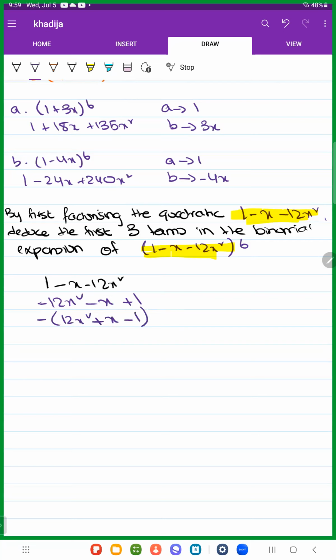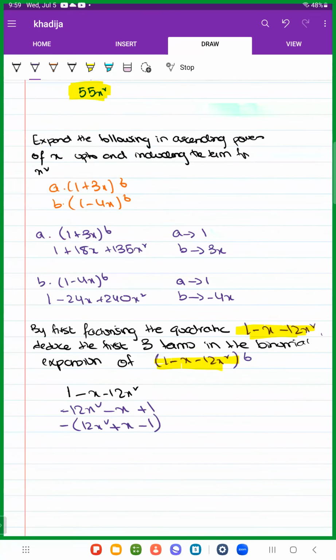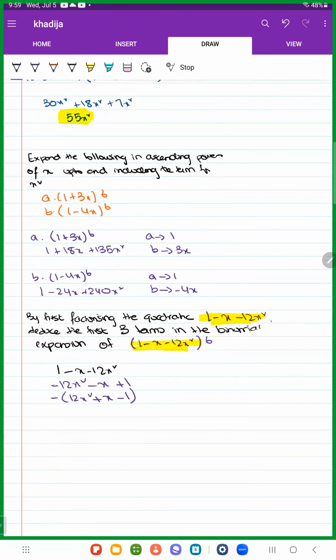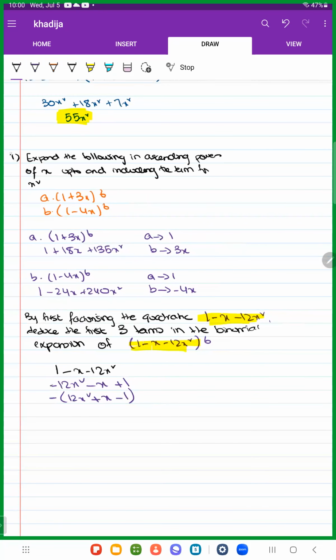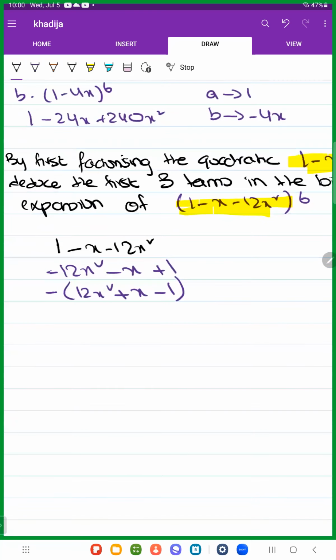Now you will do middle term breaking. Minus x, yes, minus 1. So one side will be 3x, another side will be 1x. This is the second part of the same question. So it'll be 3x plus 1, and then 4x minus 1.